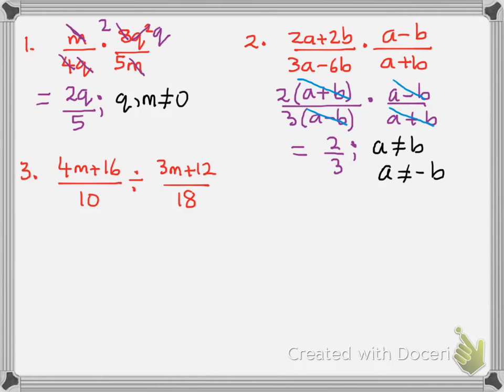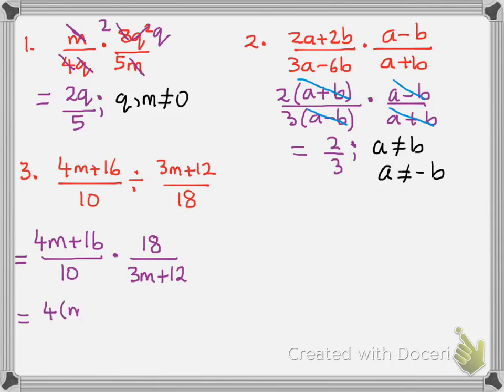And thirdly, we are dividing 4m plus 16 over 10 divided by 3m plus 12 over 18. Like we said previously, we'll have to factor where appropriate, and then we'll have to change the division sign to multiplication, and then our divisor will have to invert and write its reciprocal as shown.